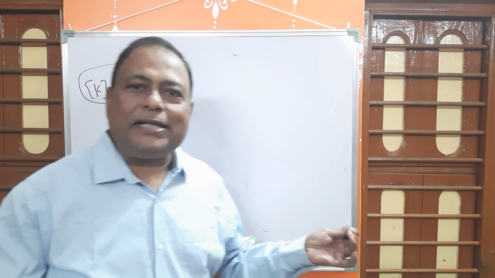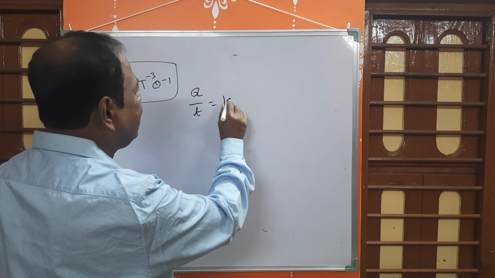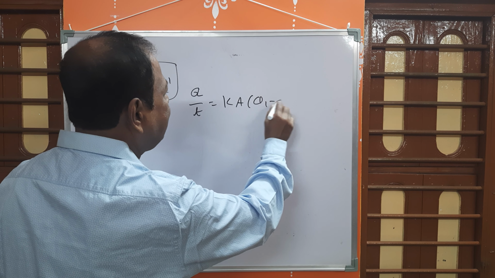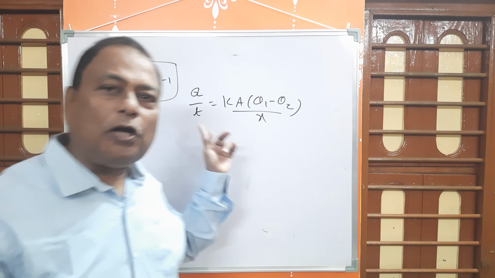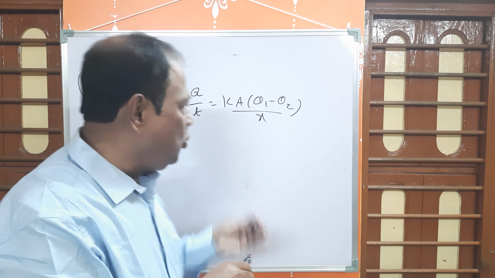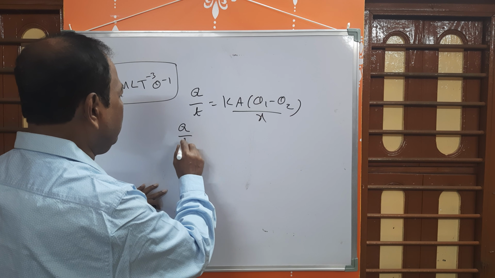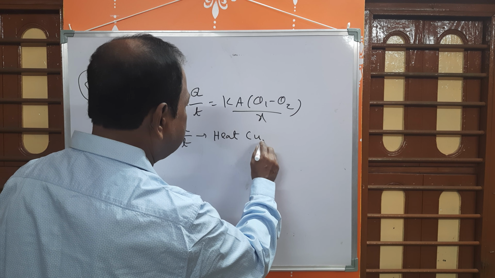So now what is the heat flow equation? That is Q by t equal to K A (theta 1 minus theta 2) by x. Q by t is called the rate of heat flow. That is called heat current.